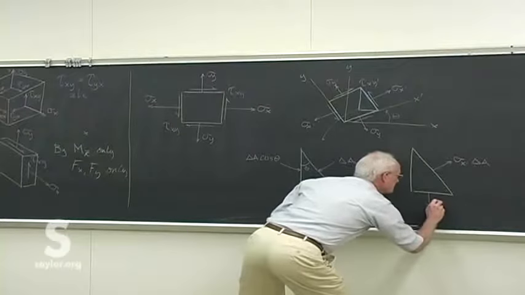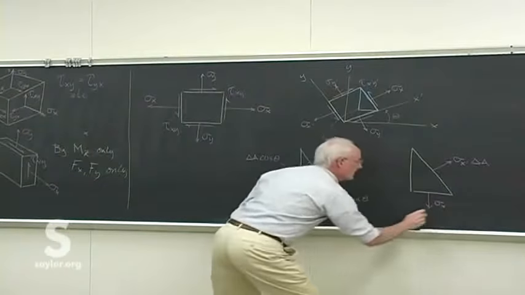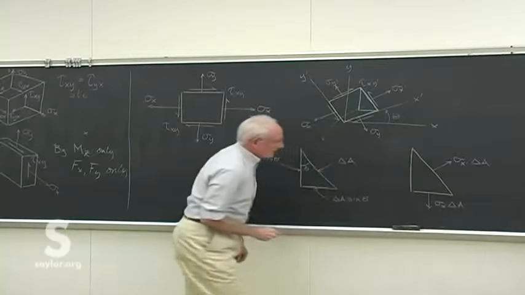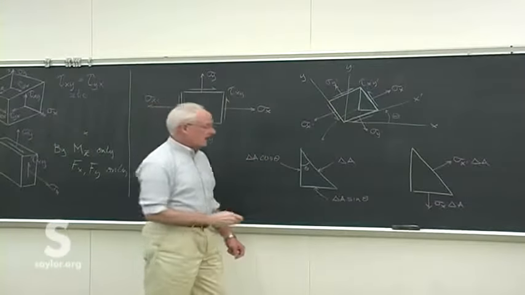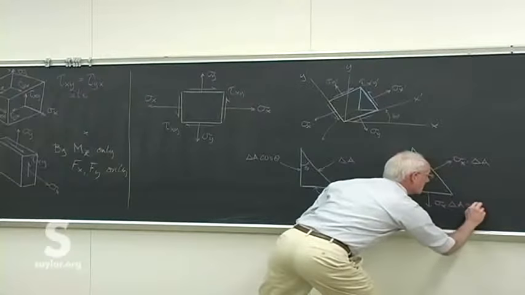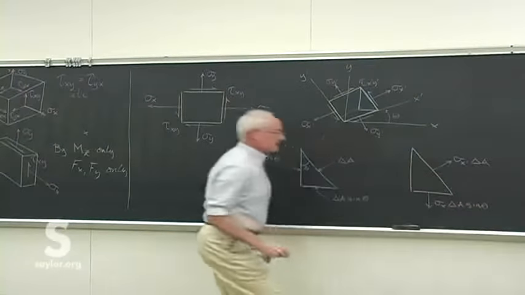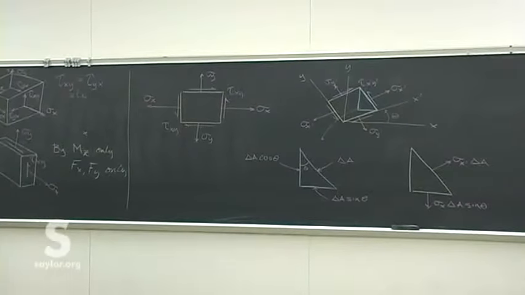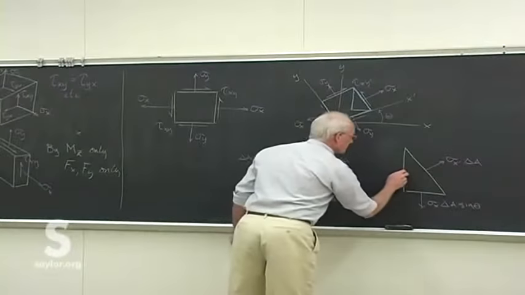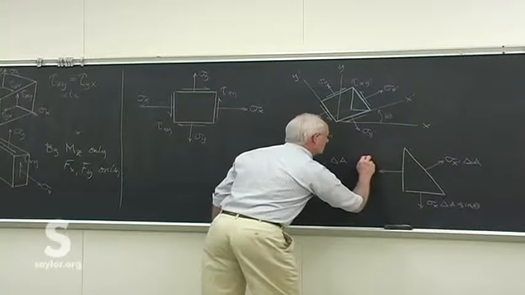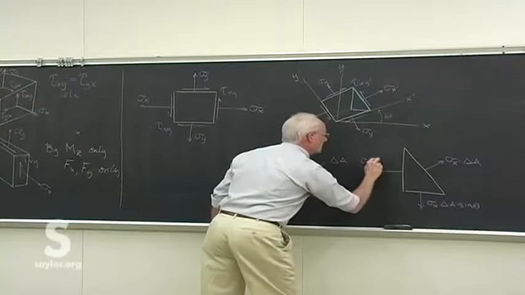And we can do the same thing for the other faces. So on the original x face, it's sigma x acting on an area delta A sine theta. And as you can suspect, when we go ahead and balance these, we're going to lose the delta A. So the actual size of the differential element is not the effect here.